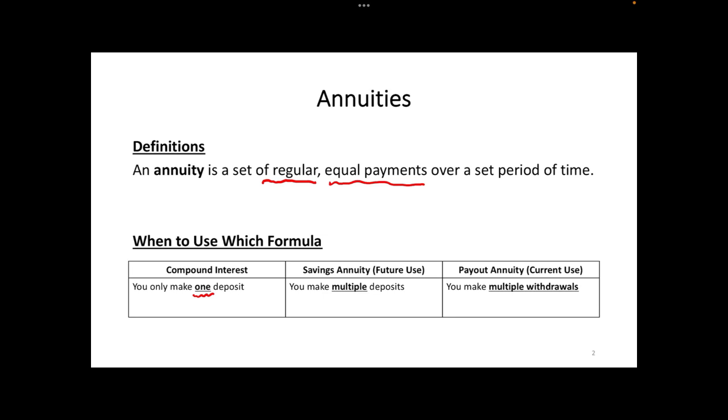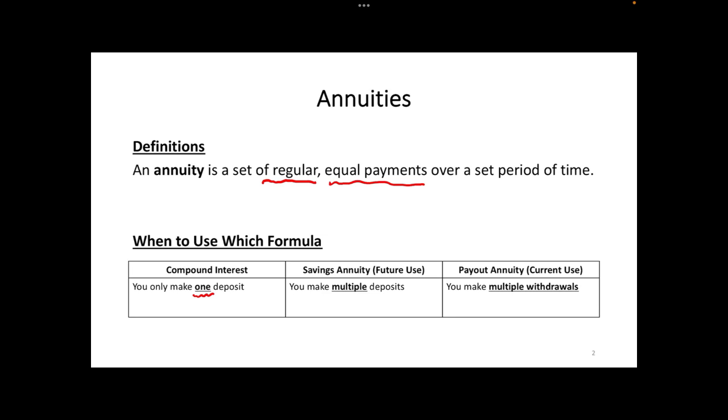So you make multiple deposits, most often monthly, $500 every month for the next 35 years. This kind of annuity is called a saving annuity.